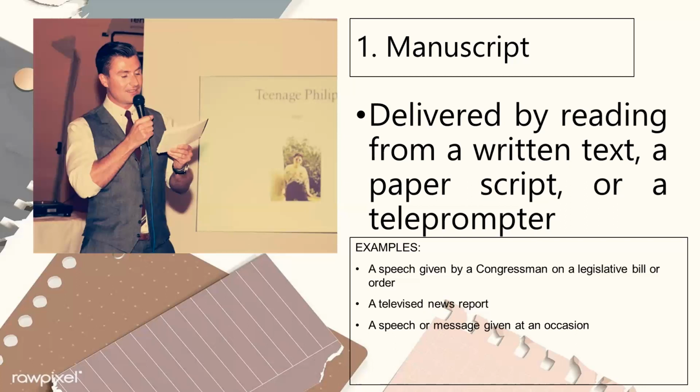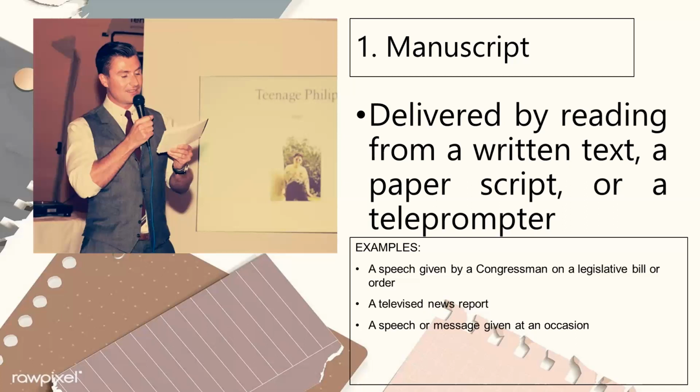So next, we have a speech or message given at an occasion. For example, a celebration or 18th birthday, especially sa mga babae, they have an 18th birthday or the debut. There are messages that are being presented there. We can identify that as a manuscript, when they read by the use of material.